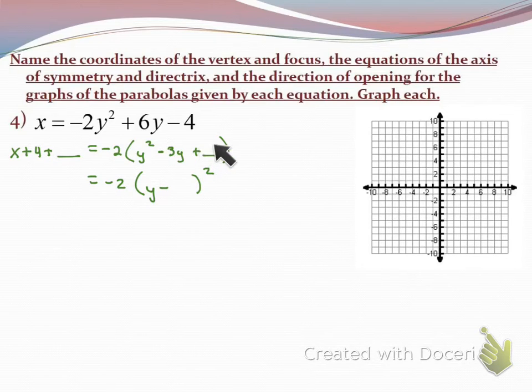What goes right here? 3. Nope. You forget how to complete the square? Half of 3 is 3/2, right? So y minus 3/2. Okay, Matthew, redeem yourself. What goes here then? 9/4. 3/2 squared, which is 9/4.